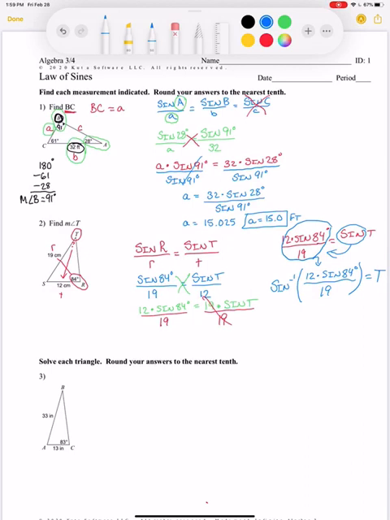And we get that T equals 38.911 degrees. So T equals 38.9 degrees. Again, we're rounding to the nearest tenth.